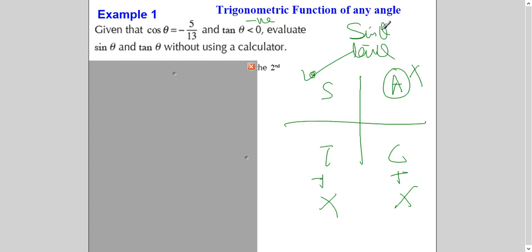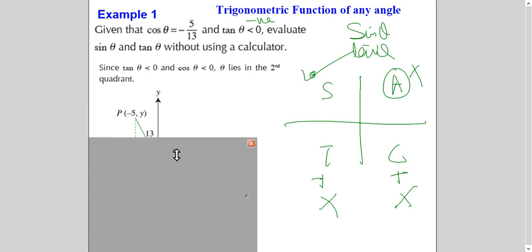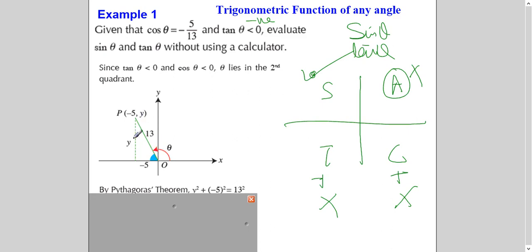Now, how will I find the value of this and this? There are two ways. Let me tell you both the ways. First of all, what is given here? You will make a triangle here, right? And cos is adjacent over hypotenuse. So you wrote here adjacent 5 and 13 as hypotenuse. R is always positive because it is representing the size by the Pythagoras theorem.